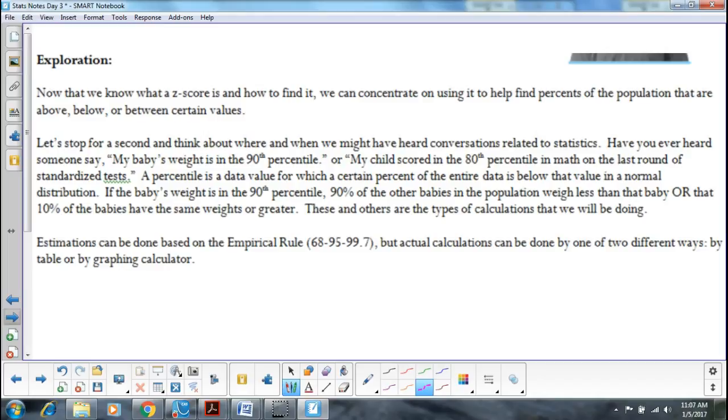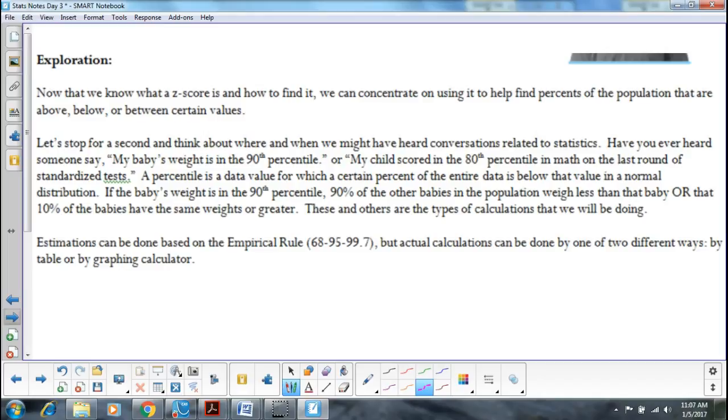Okay? Or we don't really take the WKCE test anymore, but before, you guys were in the 80th percentile on this test or something along those lines. Okay, what that means is, if we go back to the 90th percentile, if Lucas Linsmeyer, my oldest child, was in the 90th percentile, that means that 90% of the babies his age weigh less than him.